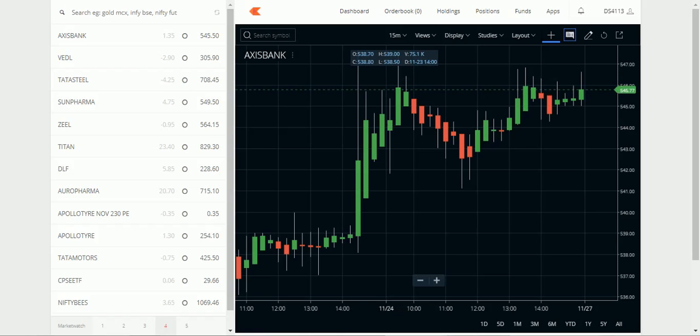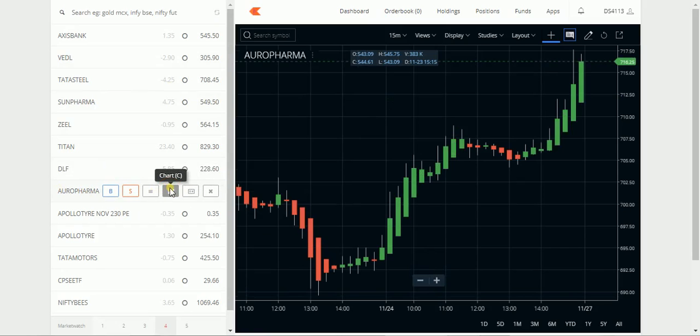To demonstrate a bracket order, I would like to select a different stock because Axis Bank was almost all sideways, and I will also discuss in my next video how we select stocks for daily profits. So let's take Oro Pharma over here.